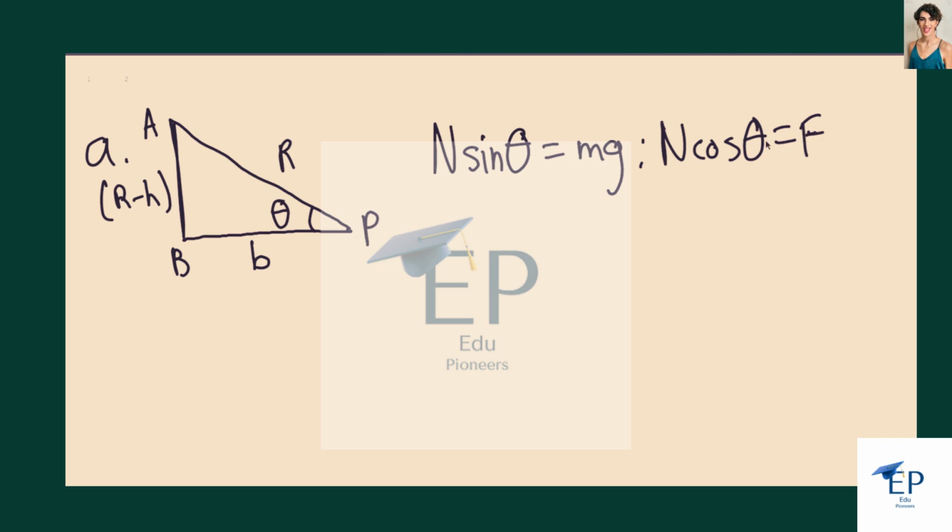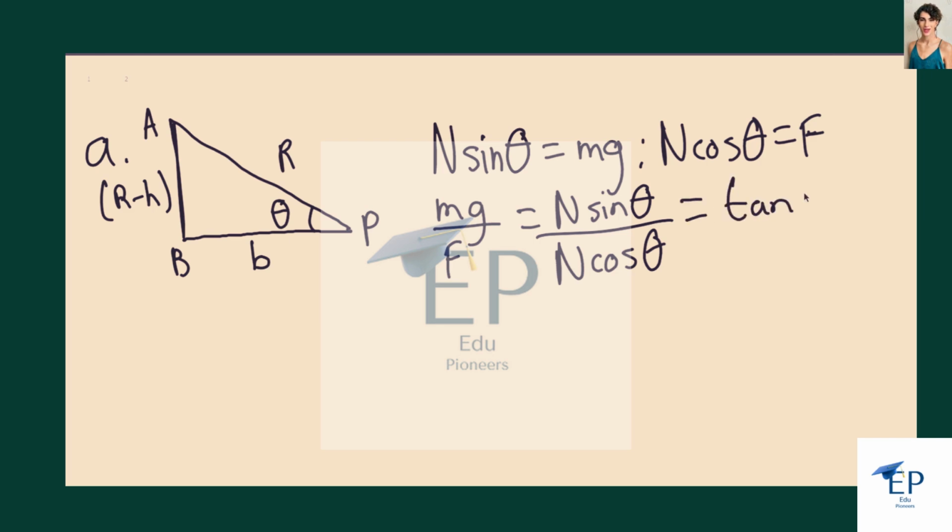So at this point, mg divided by F is going to be equal to n sine theta divided by n cosine theta. We're essentially just dividing both of these equations, and we find that this is equal to tangent of theta.